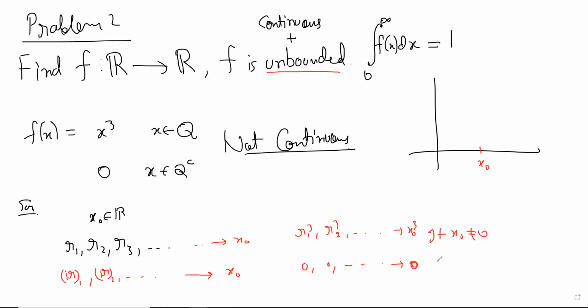At any point, it is not continuous, not even at irrationals or rationals, right? So this will in fact not even be integrable. We don't even know what that means yet, but we will soon be able to say that rigorously.